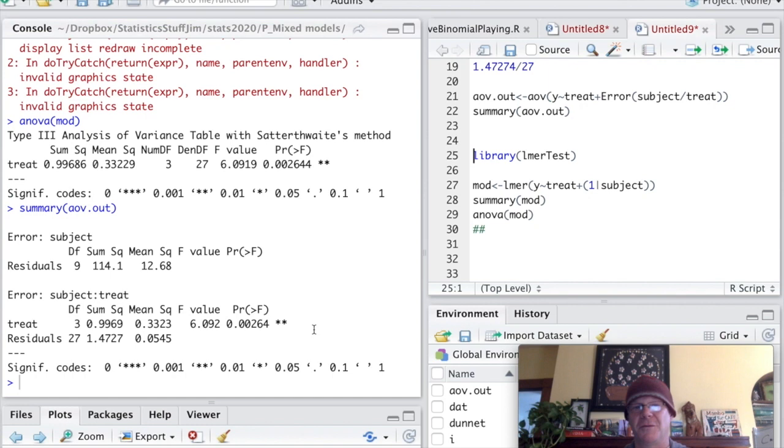But hopefully if you rewatch that part once or twice, you'll totally get what this is doing behind the scenes, which again is removing that part of the variation that we don't care about when it comes to hypothesis testing. If we're interested in how the drugs are different from one another, I don't care that subject 9 was much larger than subject 8. What I want to do is remove all of that variation, and that's what we're doing here.